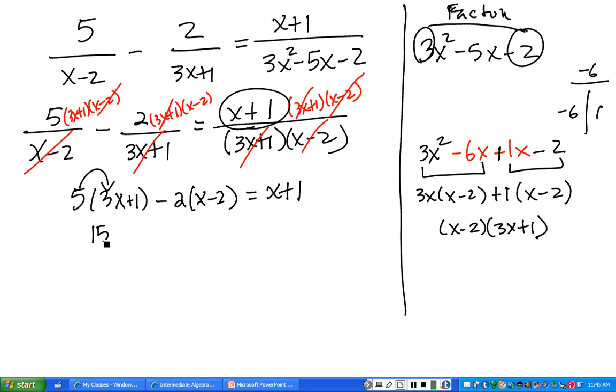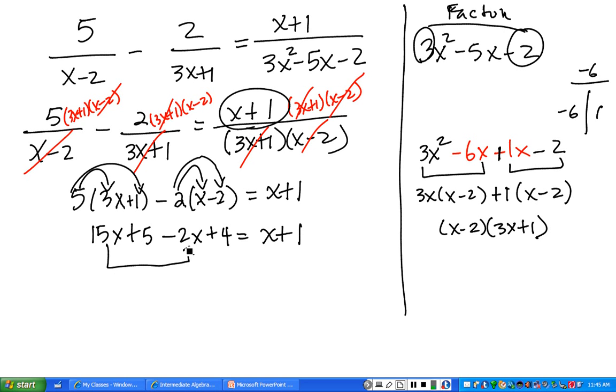That's 15x plus 5. Then we need to multiply the negative 2 times x and negative 2 times negative 2. This is what we get. Now 15x minus 2x is 13x, and 5 and 4 is 9.